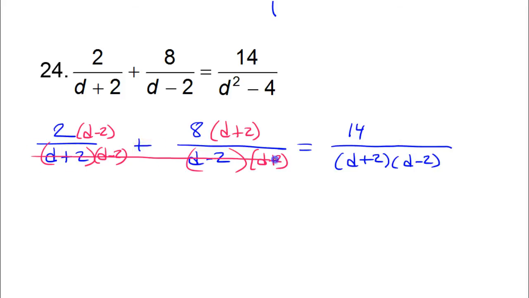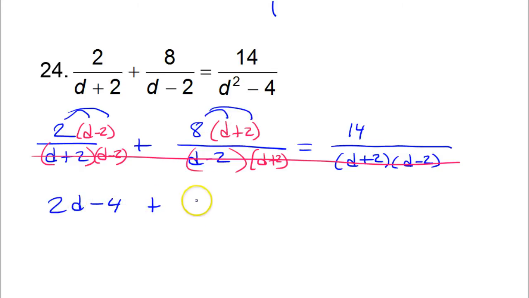When I have like denominators, I can solve the equation by canceling out the denominators and making a new equation. I will do the distributive property, so 2d minus 4 plus 8d plus 16 is equal to 14.